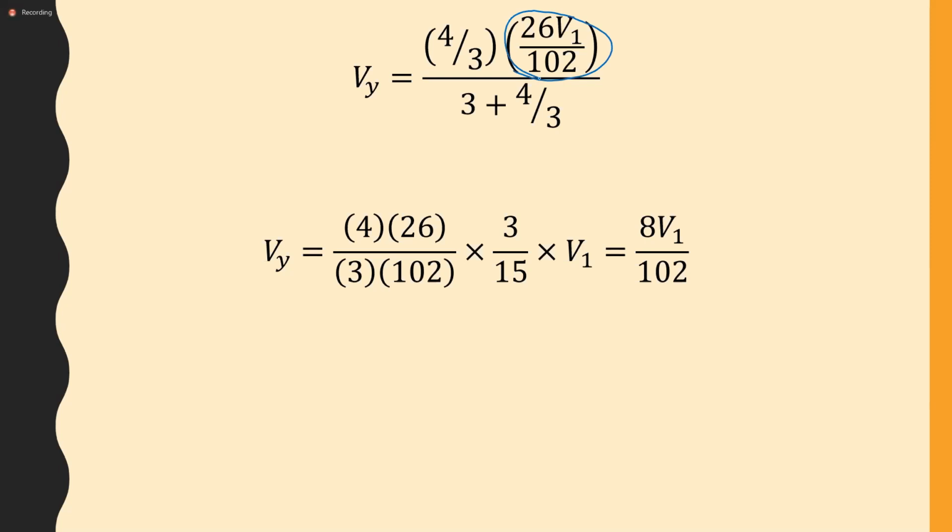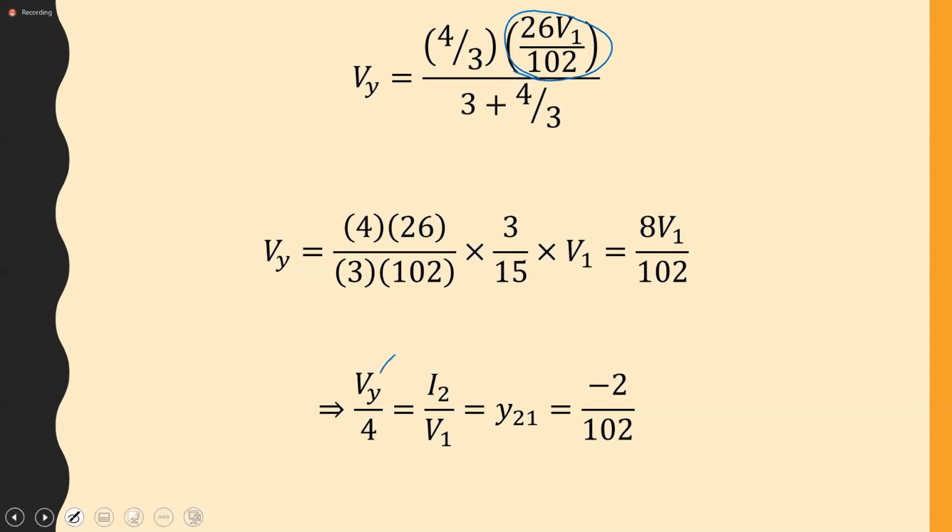So I can now find the current through the 4 ohm resistor because I know Vy. The current through the 4 ohm resistor would be Vy over 4, which really gives you minus I2.